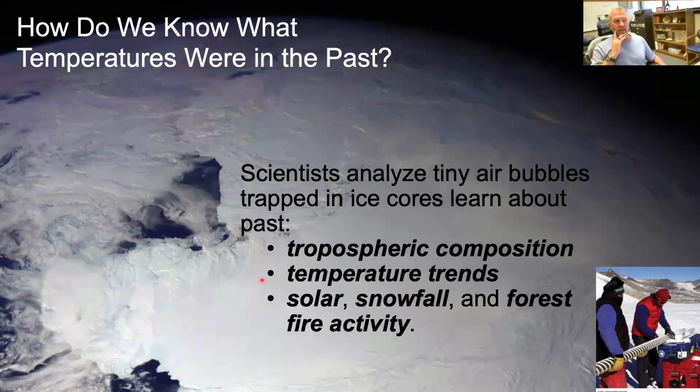So what they end up doing is they analyze these tiny air bubbles in order to determine tropospheric composition. So what was the composition of the gases that were trapped, right? We can look at the relative amount of carbon dioxide to nitrogen to oxygen, for instance. That can then tell us things about temperature trends. It can tell us about snowfall, forest fire activity.